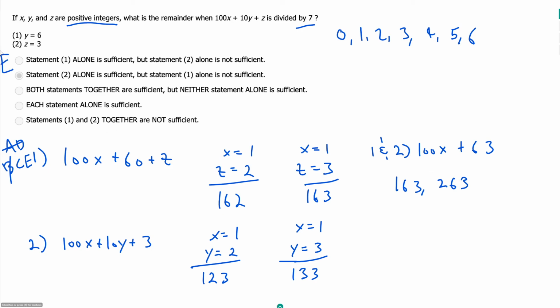If we wanted to, though, we can calculate what these remainders are, given we're on the last statement. So 163 divided by 7 gives what? 7 goes into 16 twice. So we get 23, and 23 times 7 is 161, so 23 remainder 2.